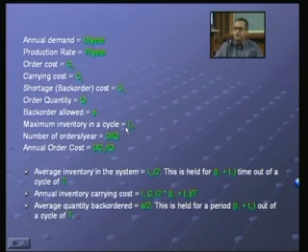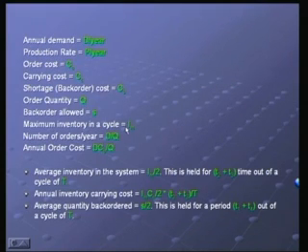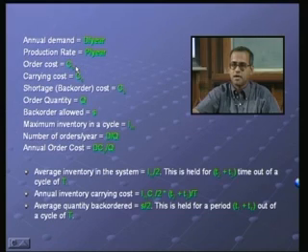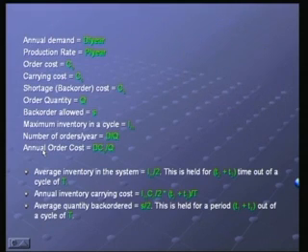So, let us derive. Now, we have 2 variables Q and S in this model. So, annual demand is D, production rate is P, setup cost is C naught, not ordering cost, setup cost is C naught, very similar to the ordering cost, carrying cost is Cc, shortage cost or back order cost is Cs, production batch quantity very similar to the order quantity is Q, back orders allowed is S, maximum inventory in the cycle is Im, number of setups in a year is D by Q, annual setup cost is D by Q into C naught.